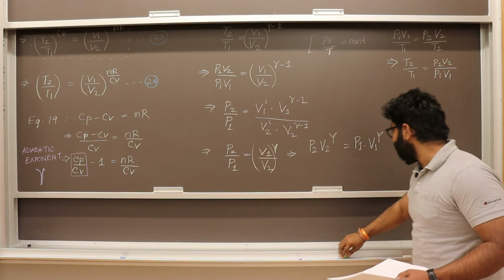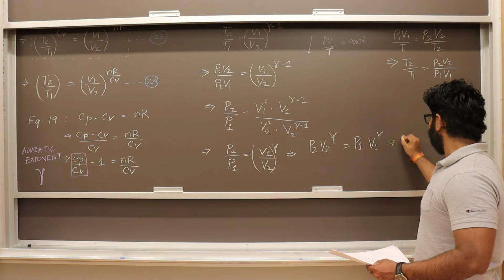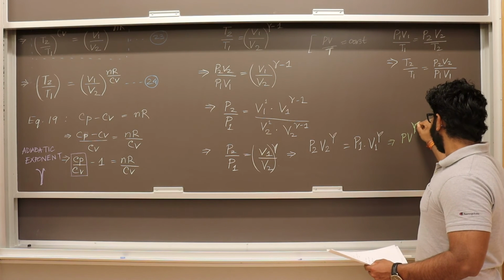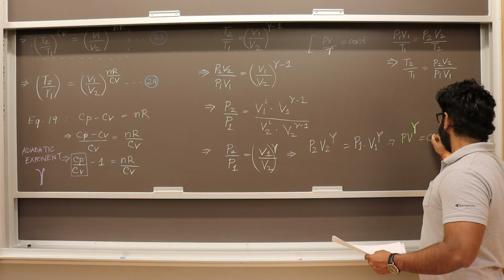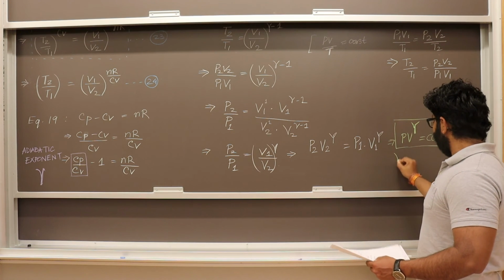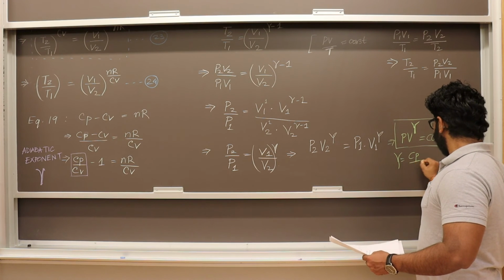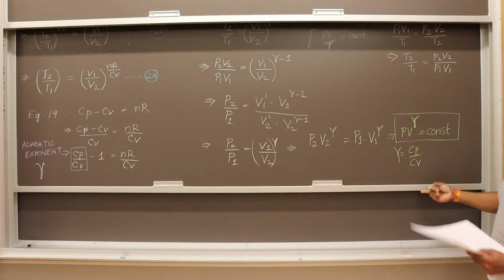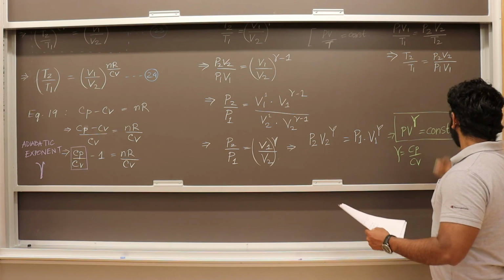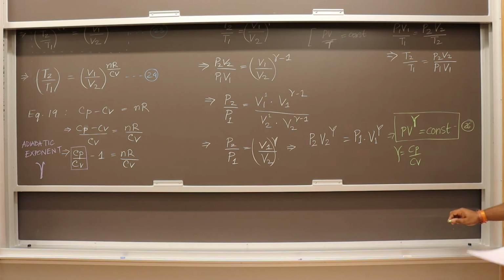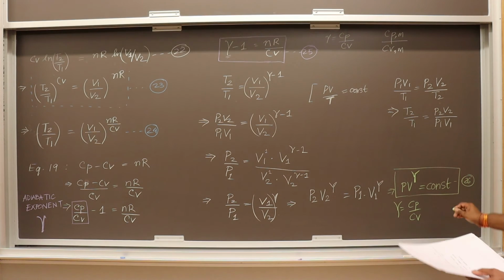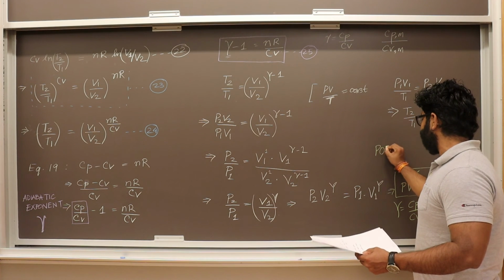This looks like it's taking the form PV to the power gamma is a constant. And what is gamma? Cp by Cv. So this is equation 26. This is a very important equation describing any adiabatic process, and this equation is called the Poisson's equation.